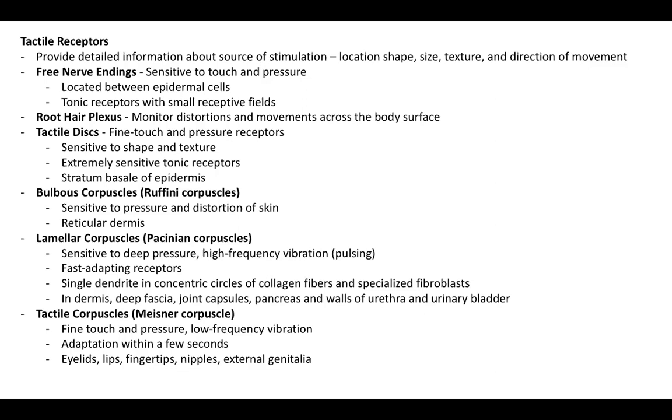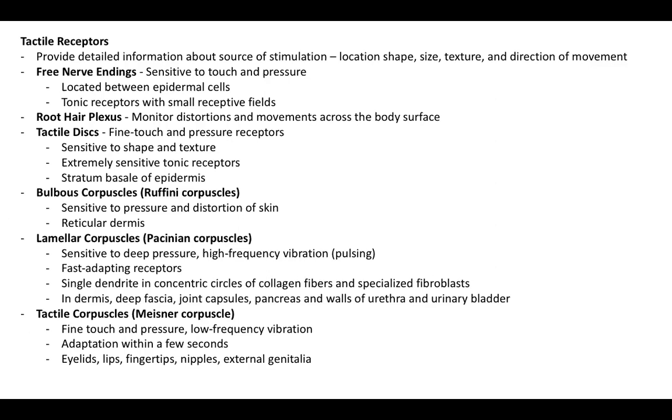This is in the stratum basale, which we've already learned about in the epidermis. These are sensitive tonic receptors, and again, tonic receptors have very slow peripheral adaptation. These tactile discs help to sense shape and texture. They deal with fine touch and pressure.